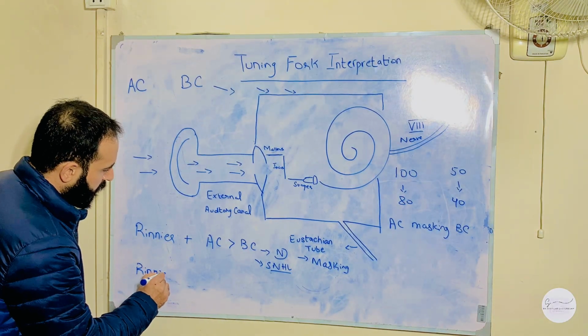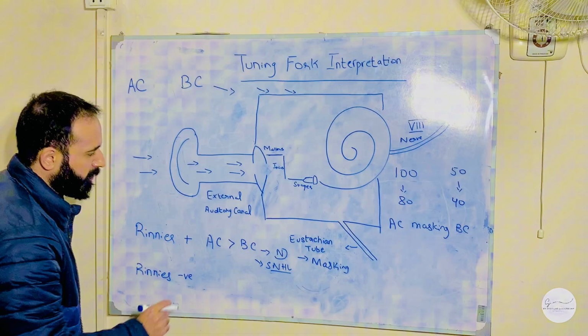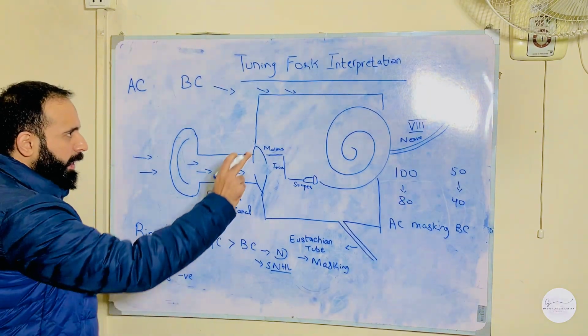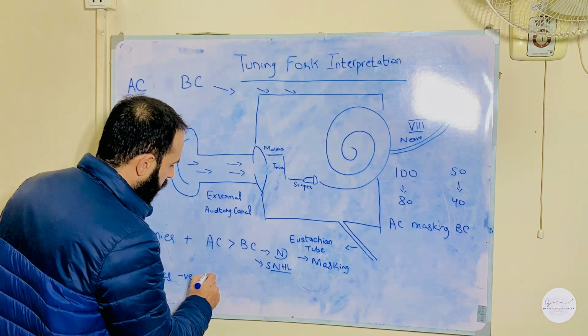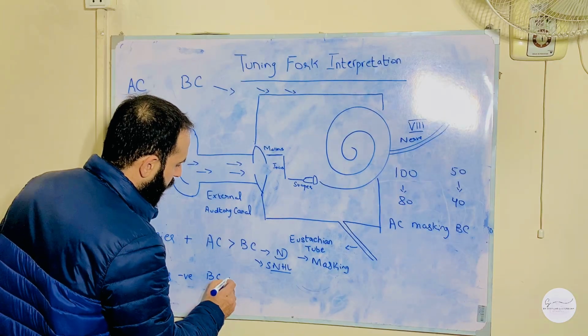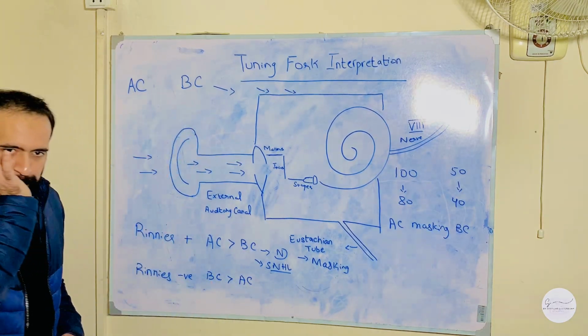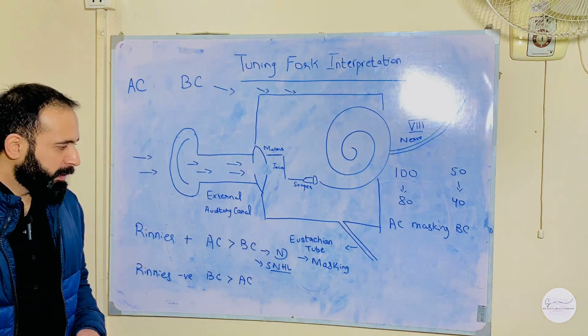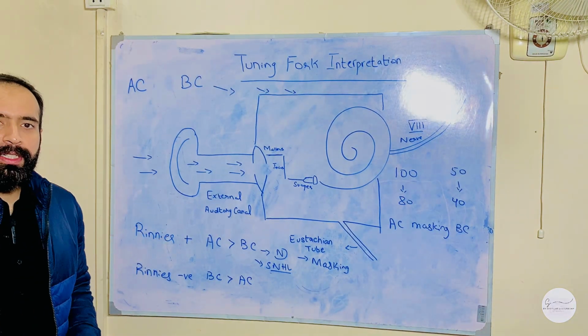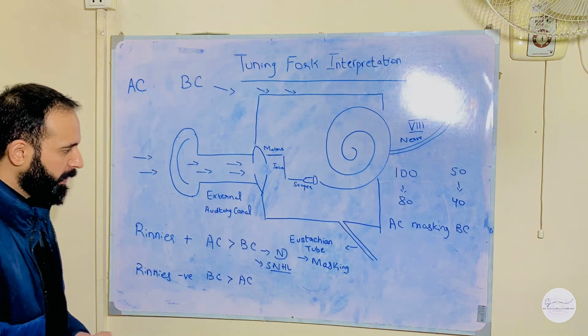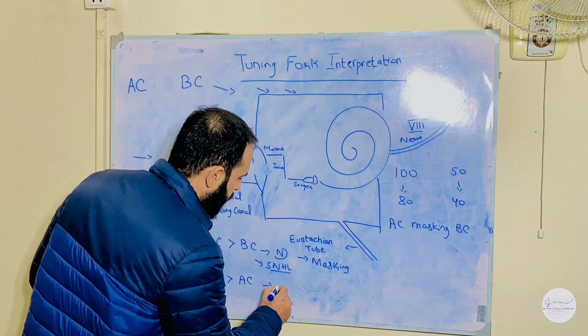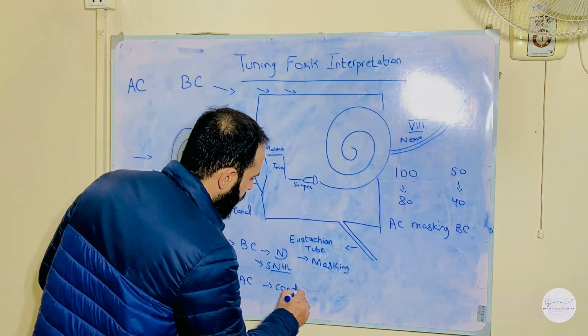In Rinne's negative, the air conductive pathway is now defective, and that is why the bone conductive pathway is going to take over, and the bone conductive pathway is going to be better than the air conductive pathway. Whenever this happens, this indicates that the patient is having a defect in the air conductive pathway, because of which the patient is having conductive deafness.